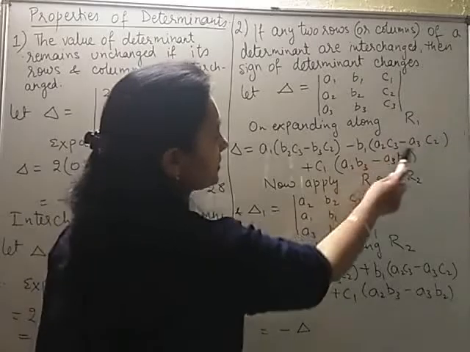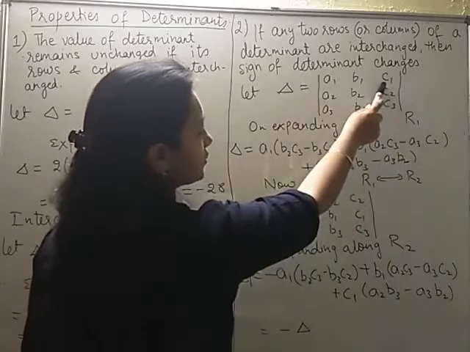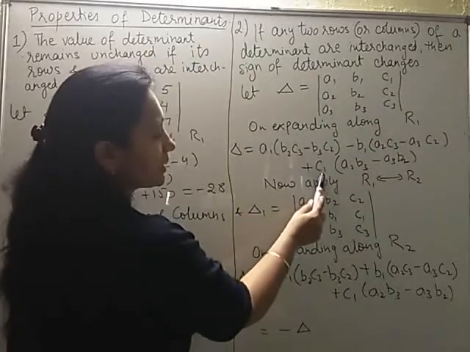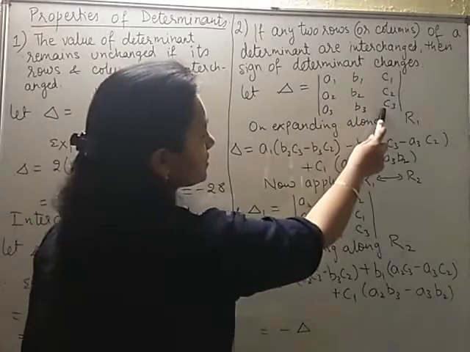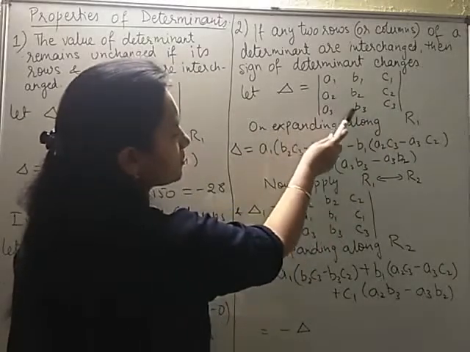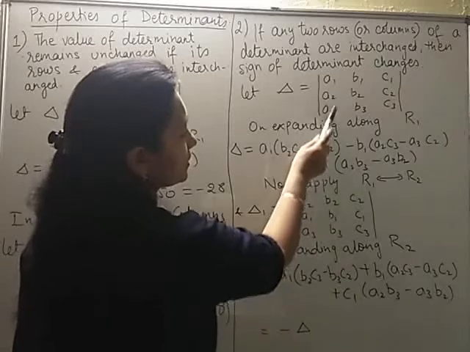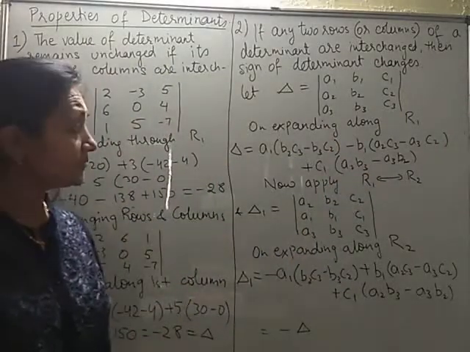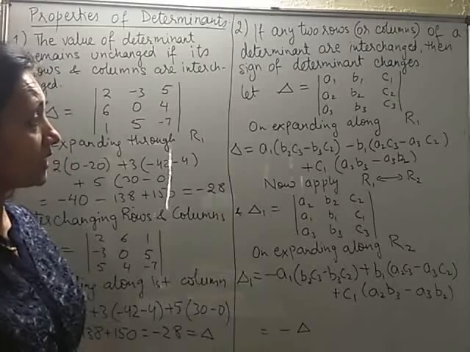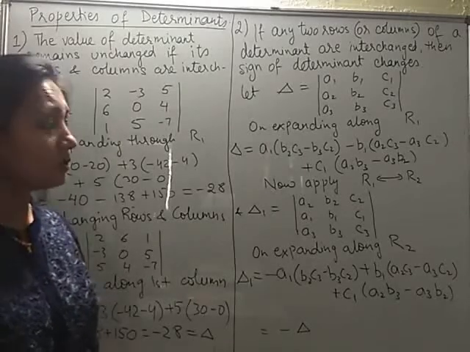That is the value of the minor determinant. Then moving on to the third element, it will multiply with +1. So plus C1, then hiding its row and column, the value of the determinant obtained is A2B3 minus A3B2. So this is how I have evaluated the value of delta after expanding it along R1.